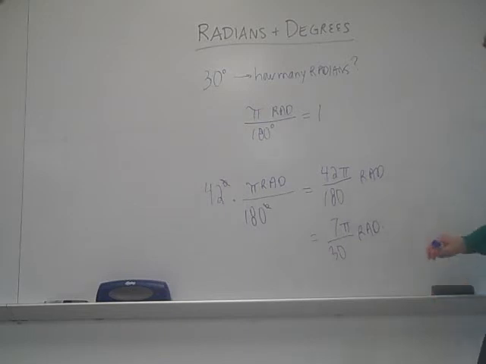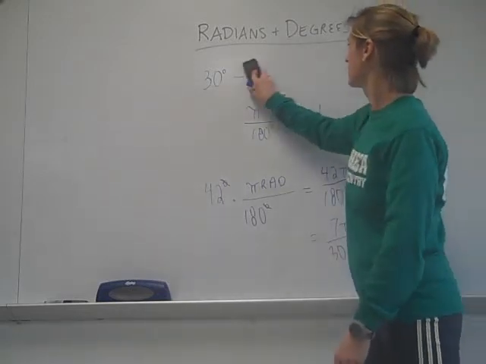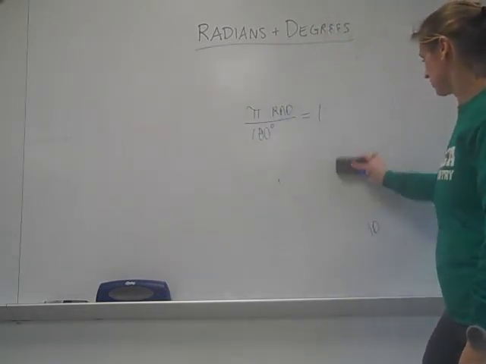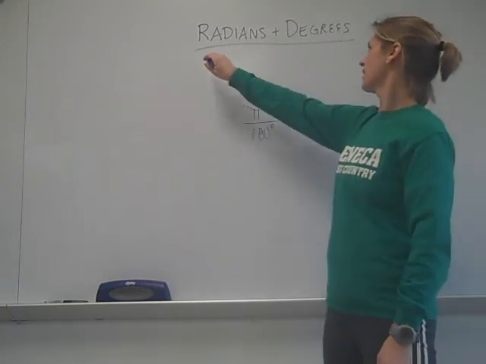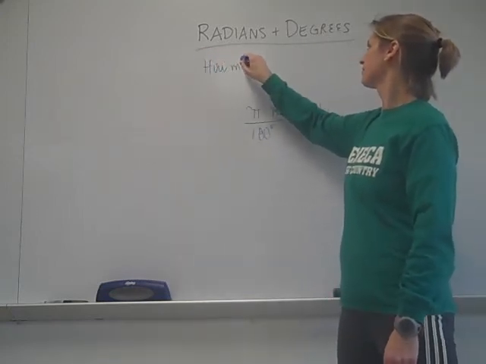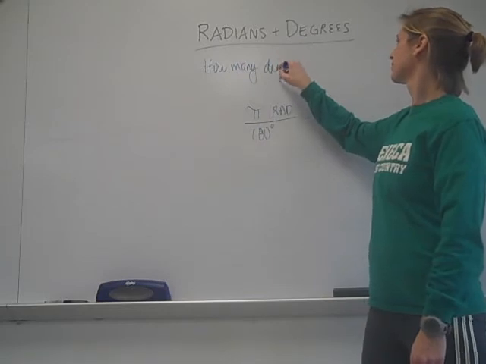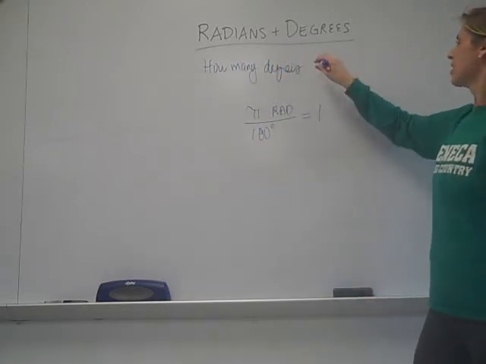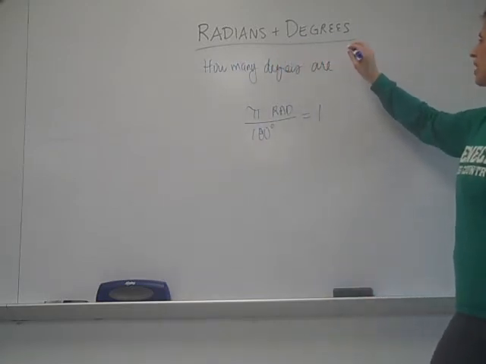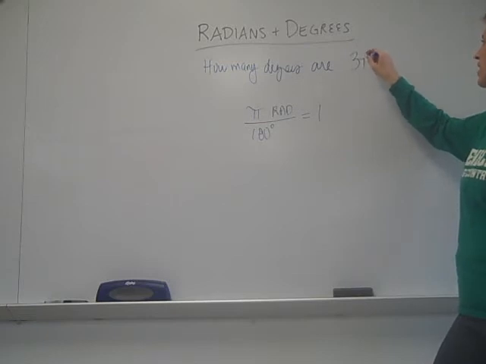Now, we also have to go the other way. What if instead I said how many degrees are, let's say, 3 pi radians.